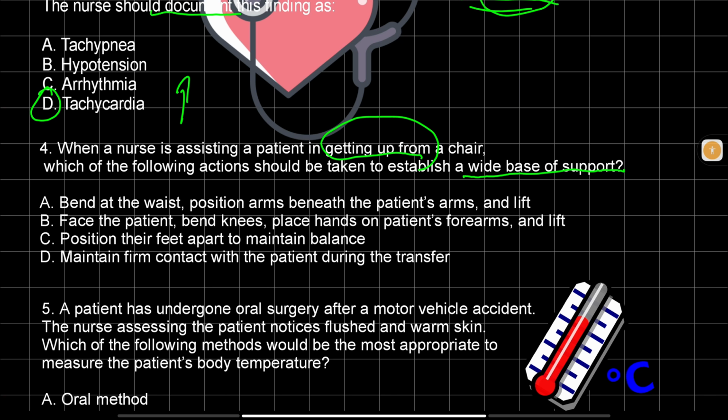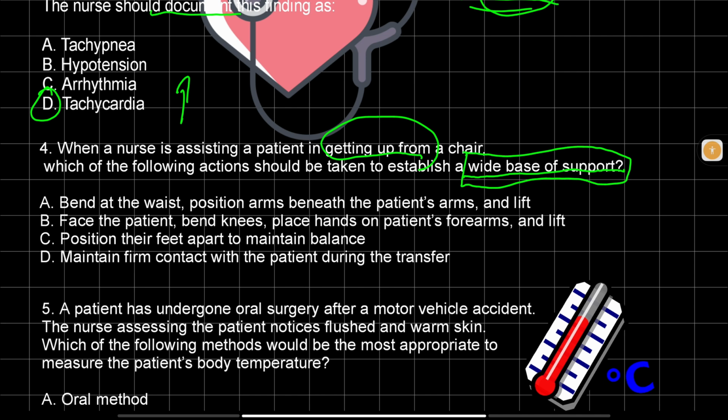Let me dissect this question for you guys. You're assisting your patient to get up from the chair. The question is asking you, how will you have a good foundation in such a way that you will have a wide base of support? That's the question.